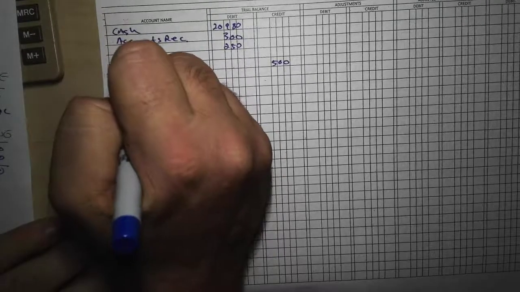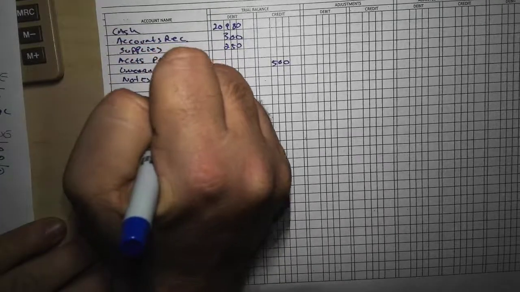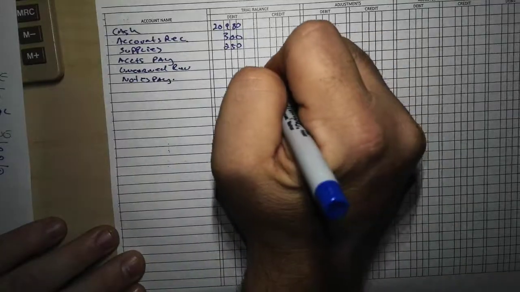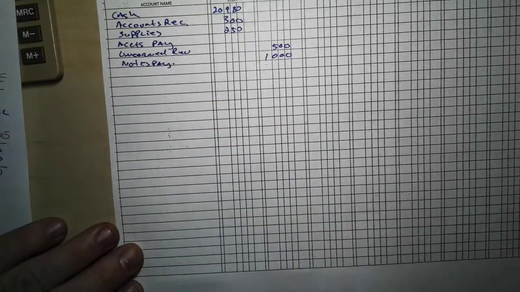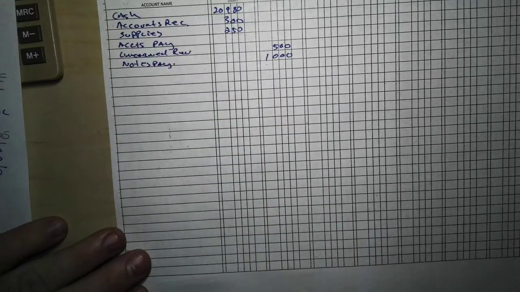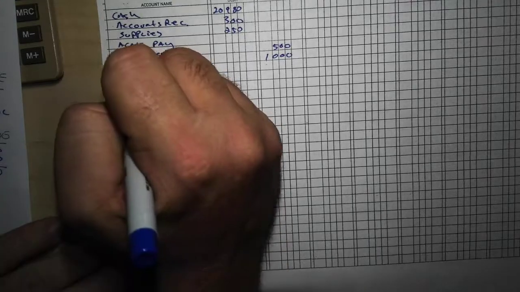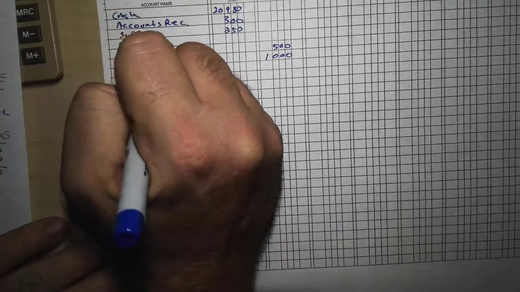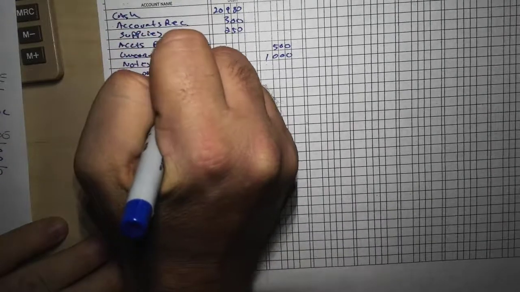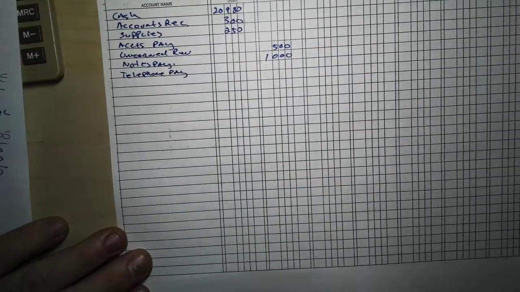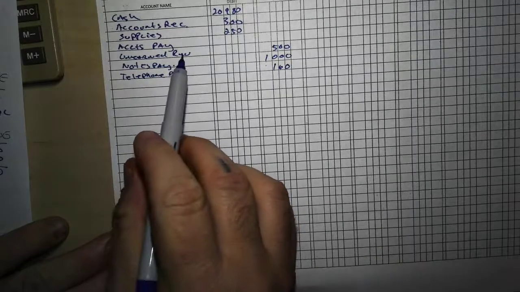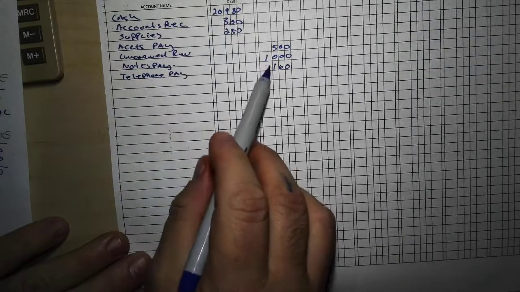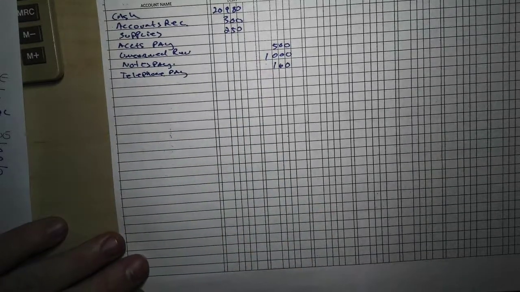Notes payable is a $1,000 balance. Again, that's a payable, it's an obligation, so it's a liability. It balances on the credit side. All right, and then I had telephone payable. And I had a balance of $160 for that. All right, so there are all my liabilities. The accounts payable didn't have a balance, but the rest of them did have a balance on the credit side.